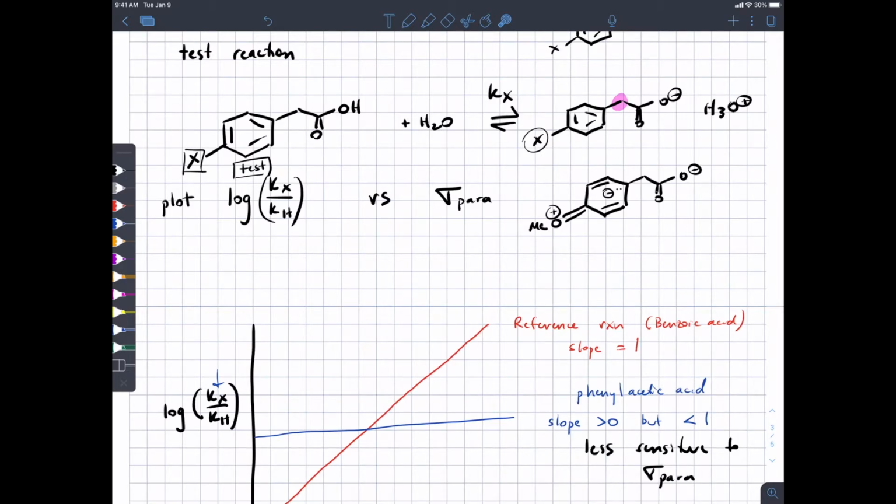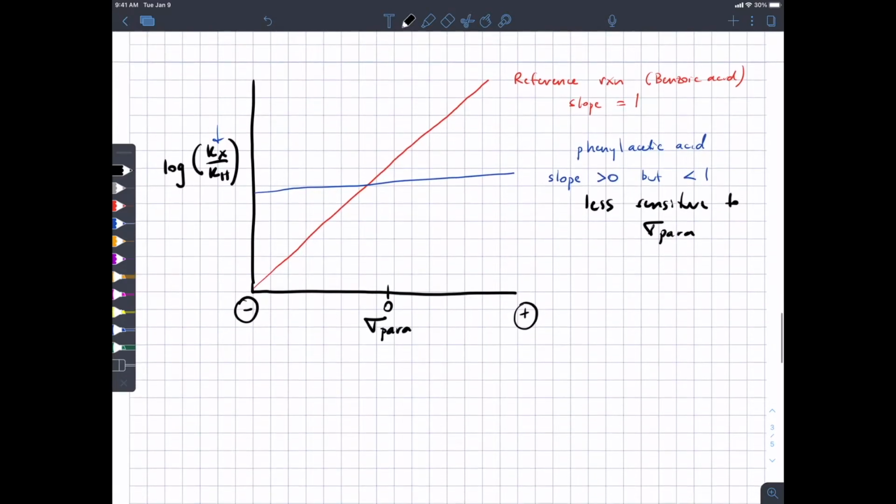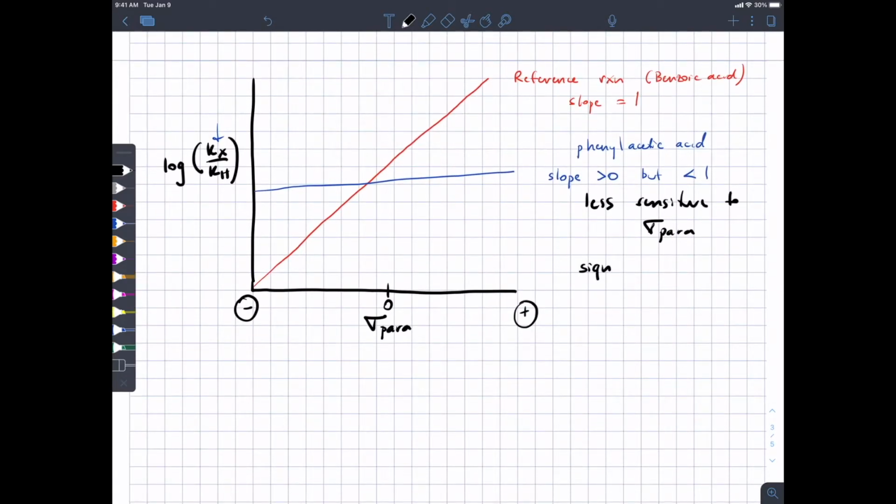Now, the magnitude of the slope is going to matter, and the sign of the slope matters, right? Because in this reaction, we're still building up negative charge as we go from starting materials to products. So there are two things we can get out of this kind of analysis. You're going to look at the sign of the slope, which is going to tell you, is there a buildup of negative charge like with benzoic acid, or is it going to be opposite benzoic acid and have a buildup of positive charge?